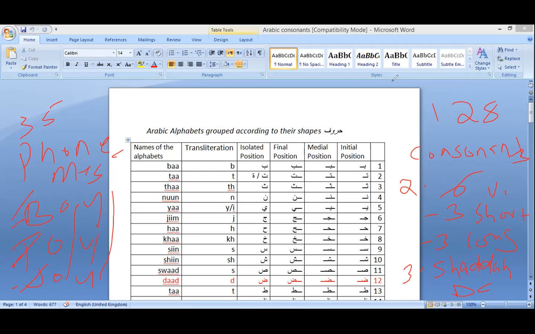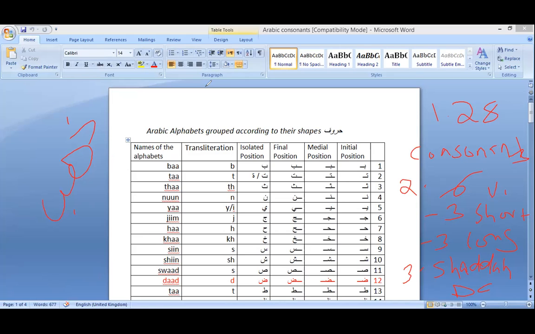It is each and every letter that gives additional or different meaning. So in Arabic, in all the 28 letters, if you replace one with another one, it gives a different meaning. For example, these are 3 letters.